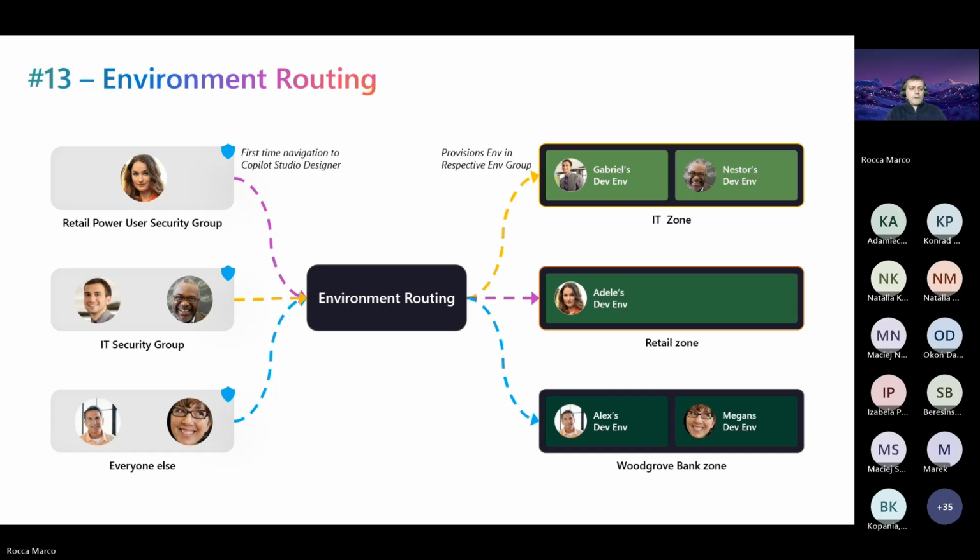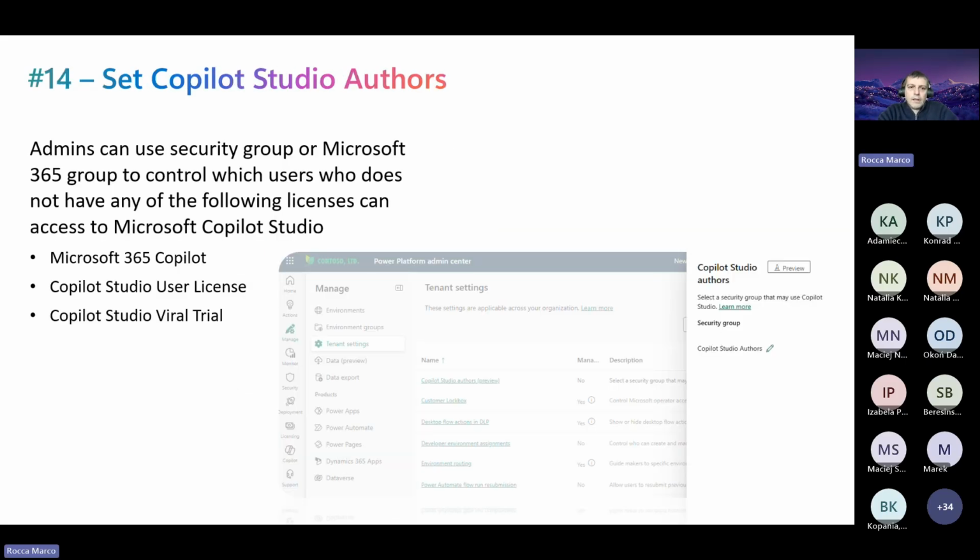In this way, you avoid the classic behavior, that in the default environment is an uncontrolled situation. Environment routing allows you to move the user the first time from a standard environment, for example, to a dev environment.